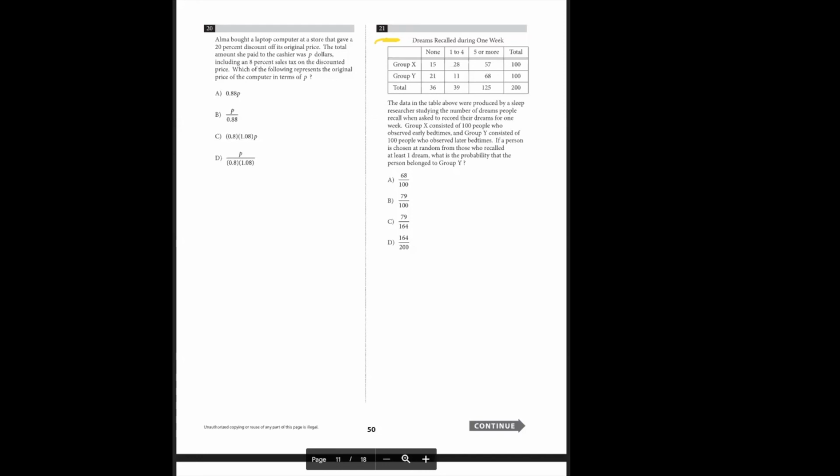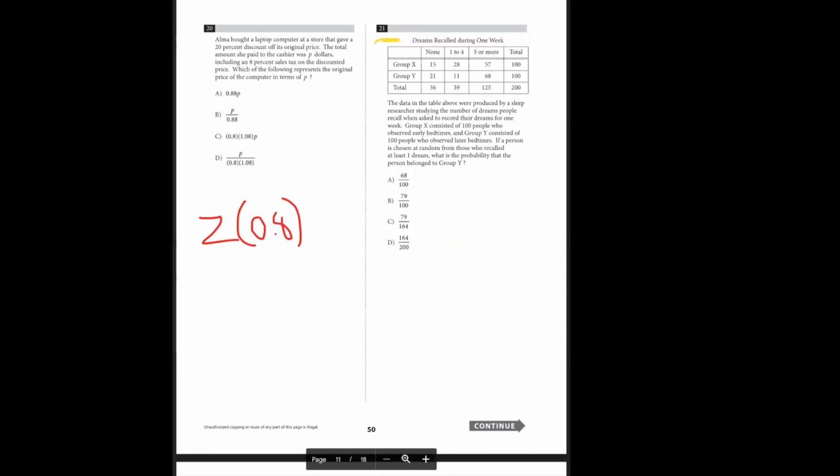So the original price of the computer. Let's think about discounts and taxes and things like that. I'm going to call the original price, actually, I'll just call it Z because O looks like a zero. It says that they gave her a 20% discount, so she really paid 80% of that price.